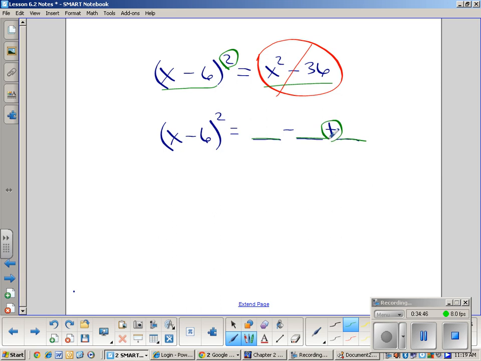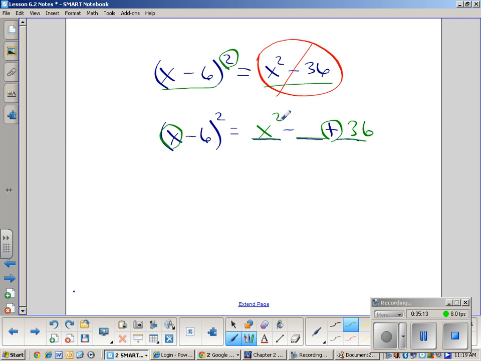Say it again for you. I know some of you are writing. What's negative 6 times negative 6? Positive 36, right? Negative times a negative is a positive. So when I square that negative 36, I have to get a positive 36. And when I square x, I have to get a positive x squared.